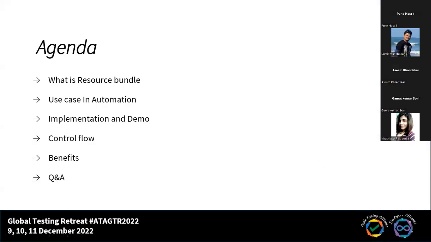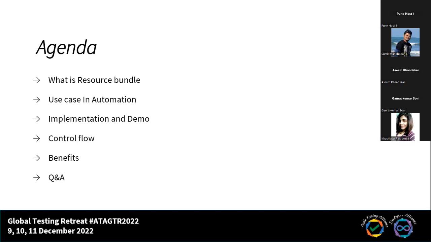So today's agenda: we'll go through what a resource bundle actually is, what this term means, and what its actual use cases are in automation. We'll do some implementation of it on a small scale, try to understand the problem and how it looks after the solution, and how to implement those things in actual.